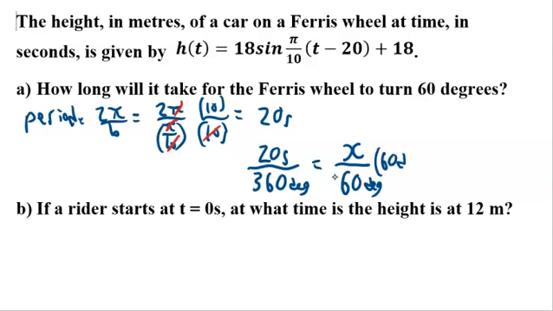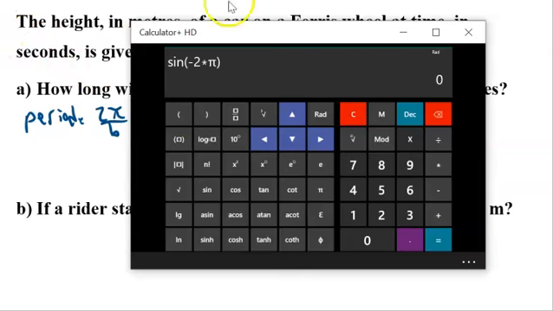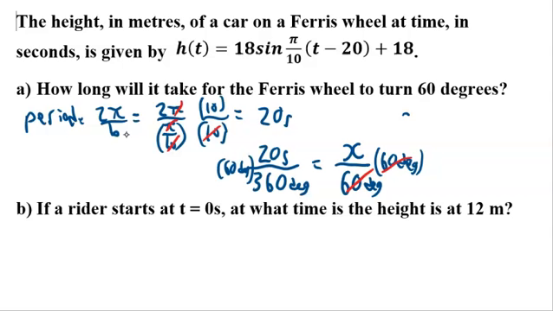So we'll isolate x, we'll multiply both sides by 60 degrees, and the 60 degrees cancels out on the right. So we're left with x equals 60 times 20 divided by 360. So x equals 3 1/3 seconds, 3.333 seconds.